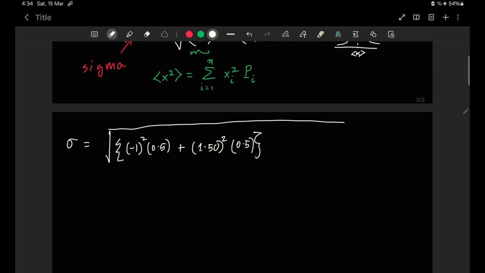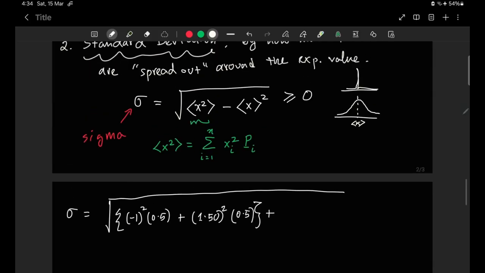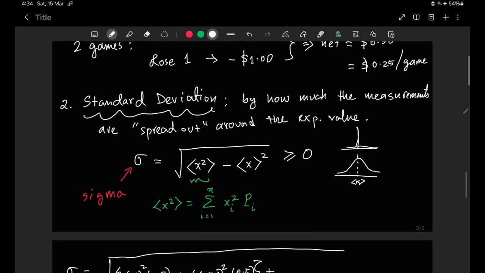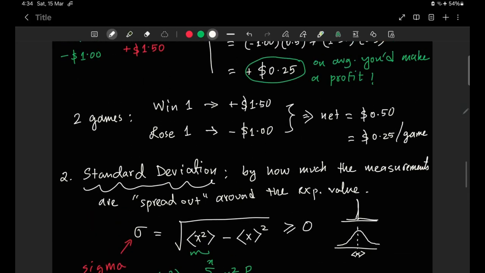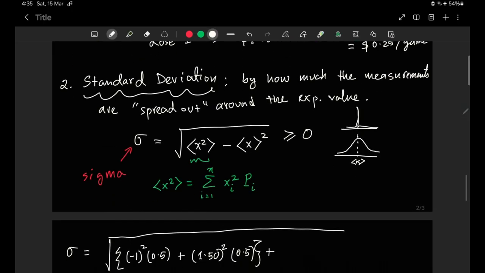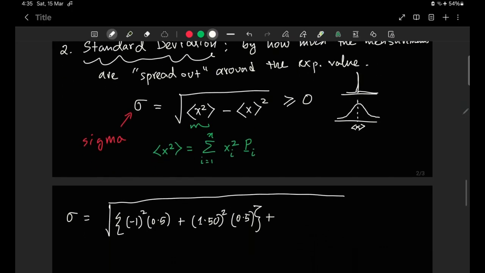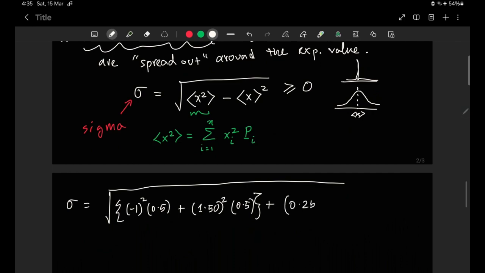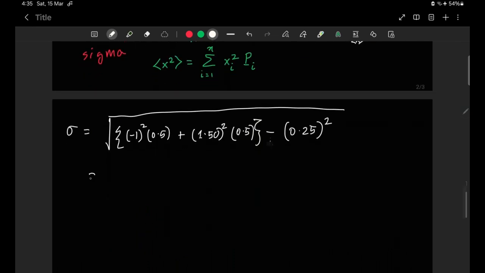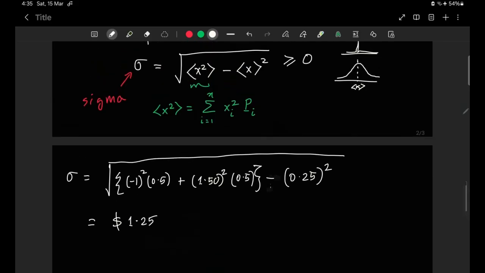To that, we subtract the expectation value that we already calculated, which was 0.25, squared. And this comes out to be $1.25. So this tells me that if you were to play the game multiple times, the results would be spread out by this amount, 1.25.